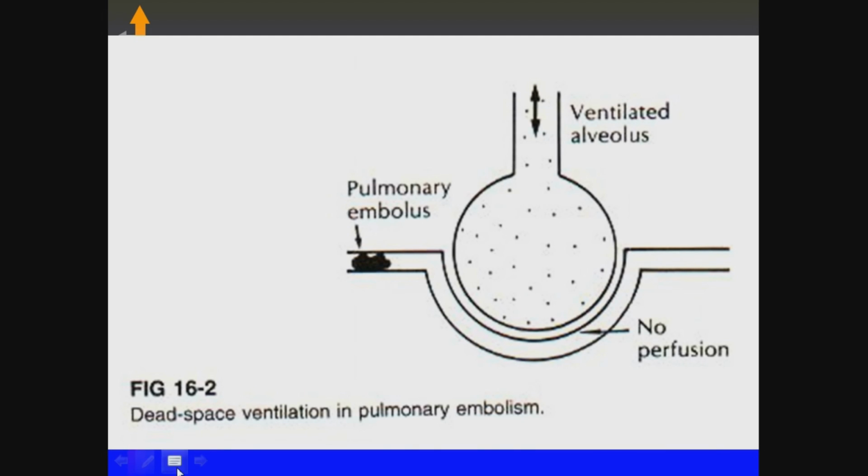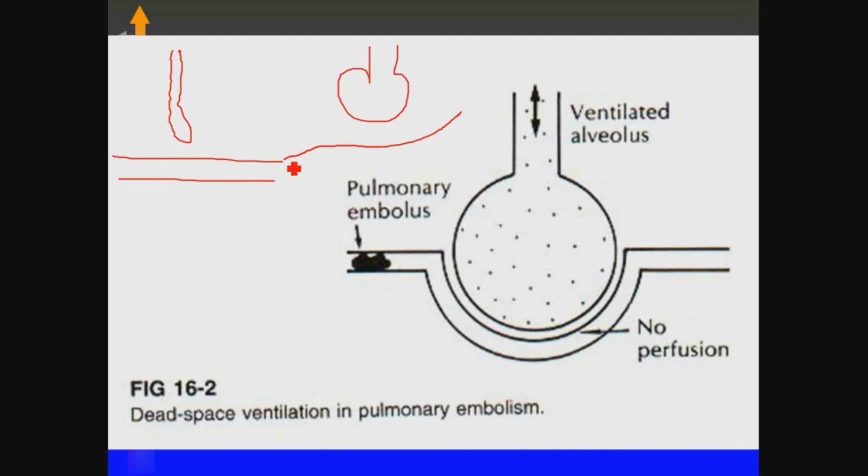In the case of a shunt, where I have a shriveled up alveolus and I have a good alveolus, the blood flow from each of them mixes together. This has a PVO2 of what? 40, right?